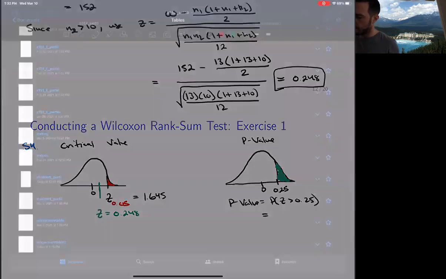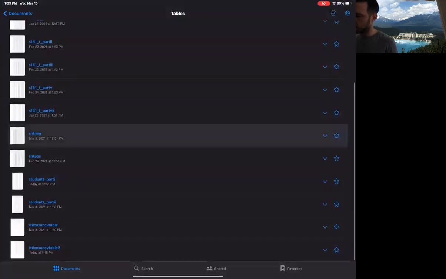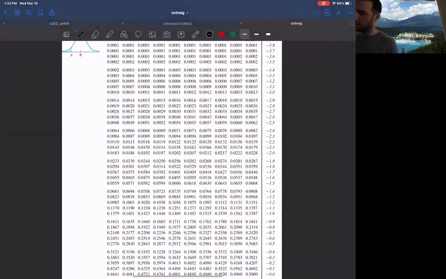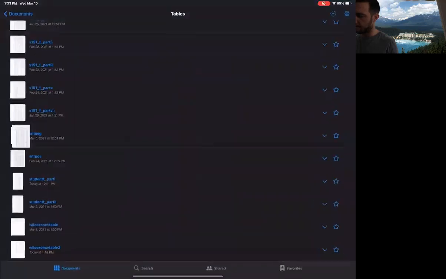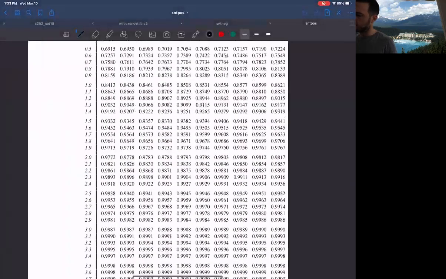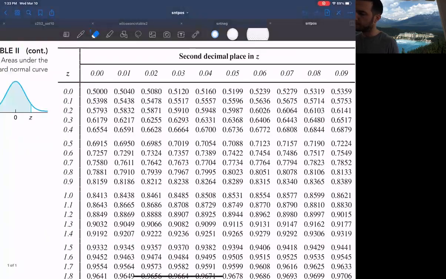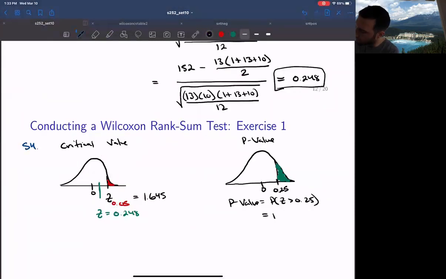Okay, so if we go to our standard normal table, okay, I'll just do it the proper way. And we look up 0.25. So we have 0.5987. Okay, then that means that here we have 1 minus 0.5987, which is equal to 0.4013.